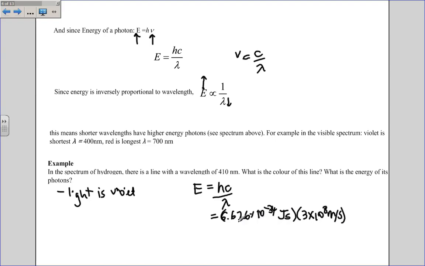And our wavelength, we're using the same value from before, is 410 nanometers. But just like before, because our speed of light is in meters, we need to use the value in meters. So we've got 4.1 times 10 to the negative 7 meters. And when we plug this into our calculator, we get 4.85 times 10 to the negative 19 joules.